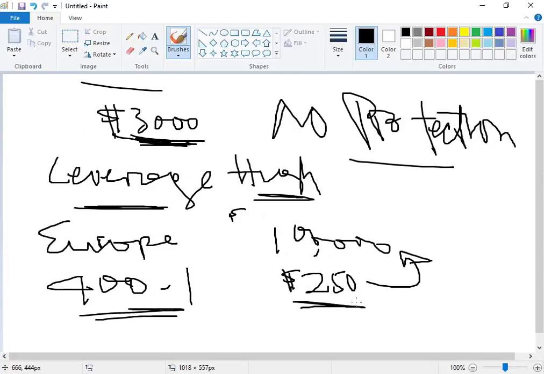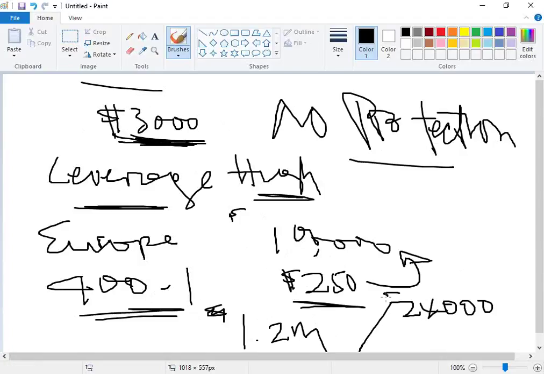So it gives you a competitive advantage, because someone with a $3,000 account at 400 to 1 can control $1.2 million of positions. That's what that means, which means you're competing heavily against someone that actually needs a $24,000 account in Canada to be able to control the same $1.2 million worth of positions.